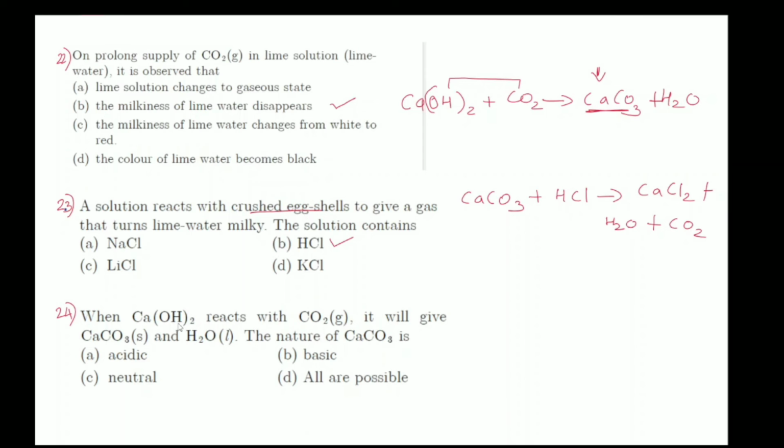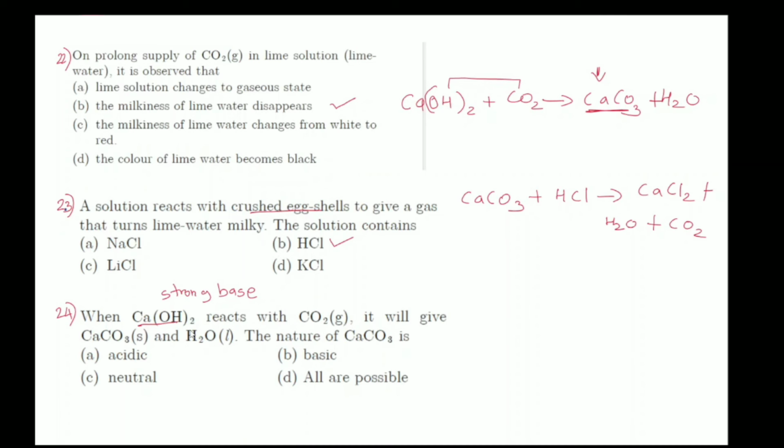When calcium hydroxide reacts with carbon dioxide, it gives calcium carbonate and water. The nature of calcium carbonate is acidic, basic, neutral, or all of these. Calcium hydroxide is a strong base. It reacts with carbon dioxide, which forms carbonic acid, a weak acid.